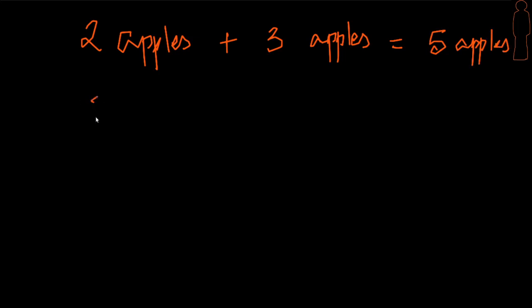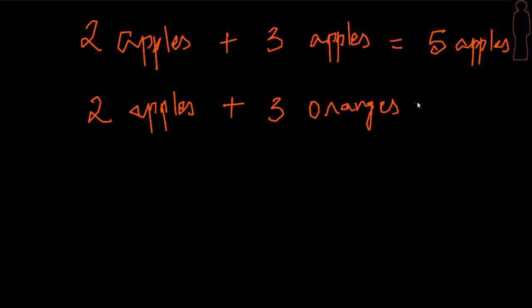But let's say that I have 2 apples, but this time you have 3 oranges, and if the same question is asked, I'm sure we cannot have an answer to this because apples and oranges can't be added. You can't add apples and oranges, and therefore this brings up the idea of vectors.